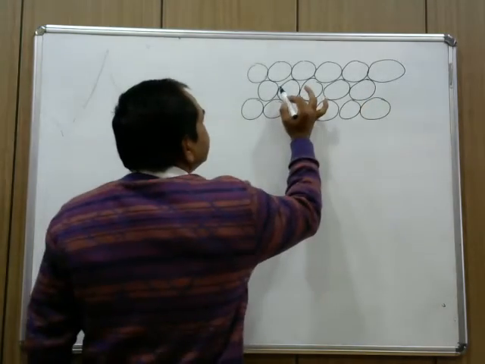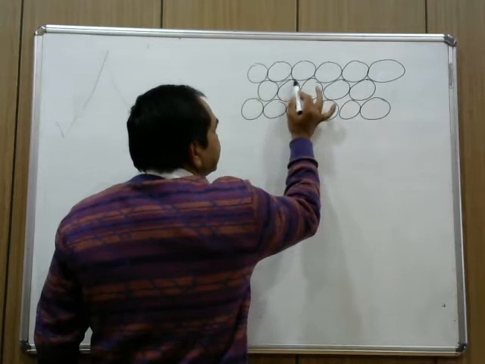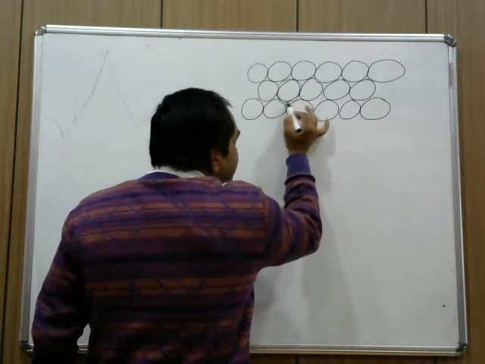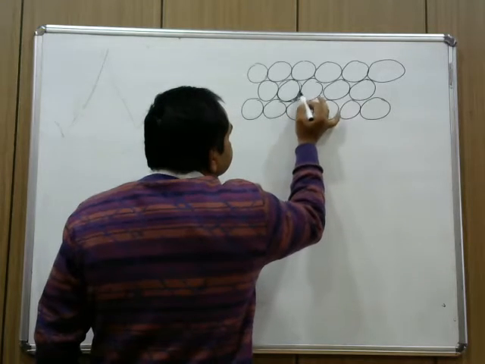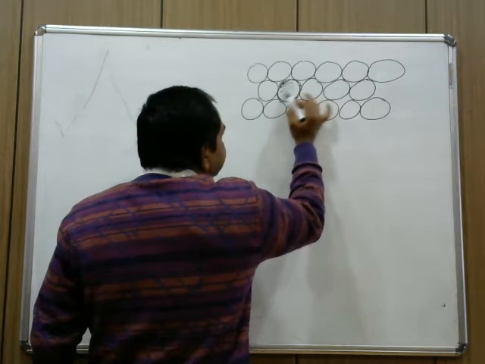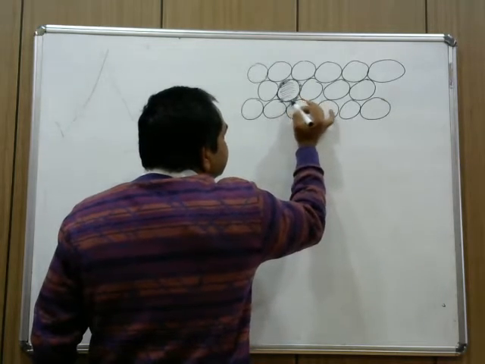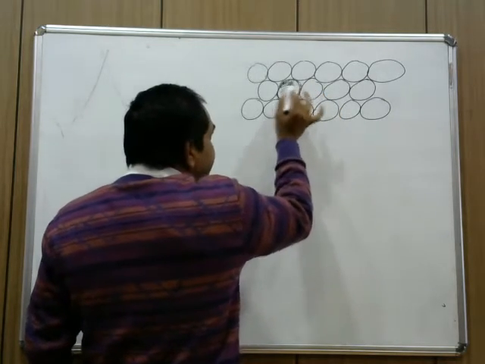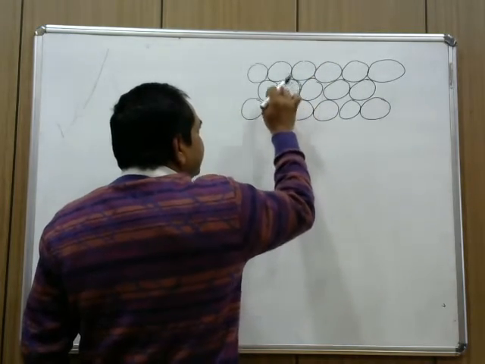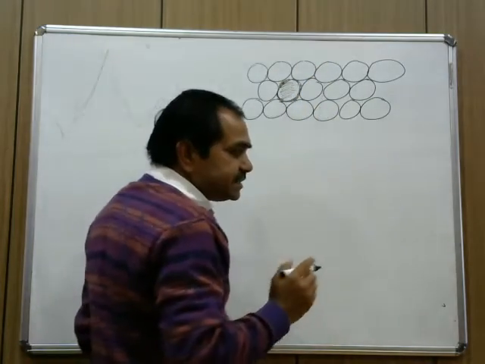Here any sphere is in contact with 6 different spheres. If I consider this sphere as the middle sphere, then it is in contact with 1, 2, 3, 4, 5 and 6 spheres.